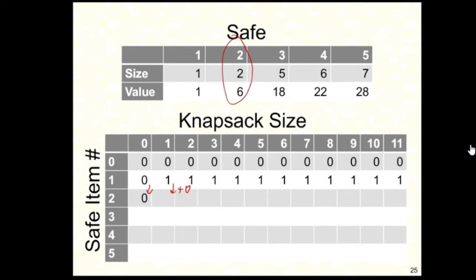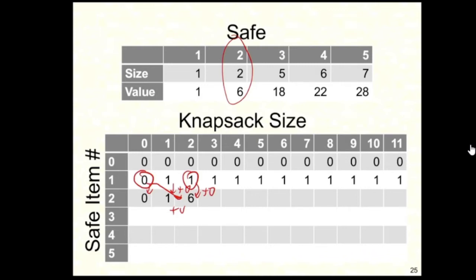No, so I've only got one choice. It's the value above me and don't take this item. Now, next one is, I could either take the one above me and add 0, or go to the row above me and 2 columns left and do take it and add the value of that item, which is 6. That's the best way to choose that item.